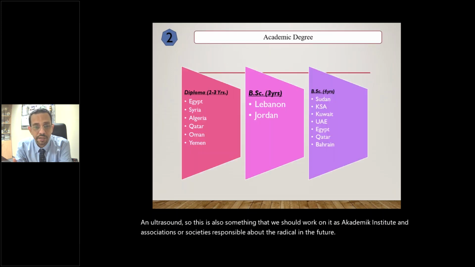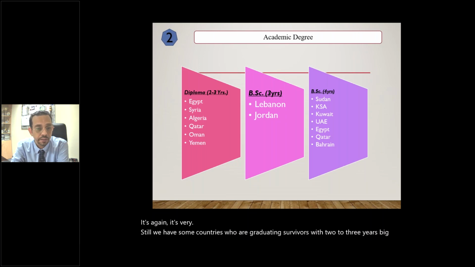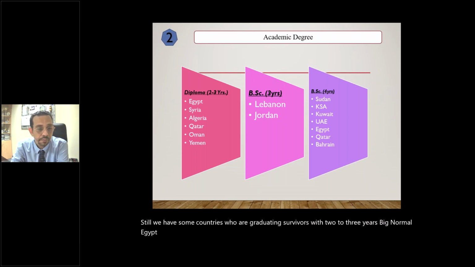It's very clear that the academic degree available in our region is very confused. Still, we have some countries graduating radiographers with a 2 to 3 year diploma, like Egypt, Syria, Algeria, Qatar, Oman, and Yemen.